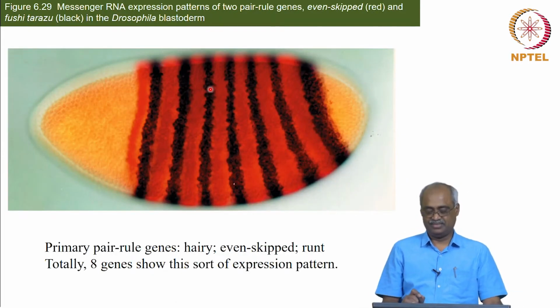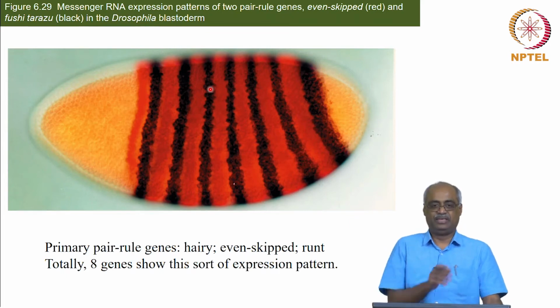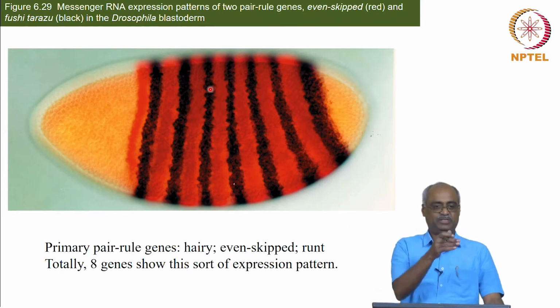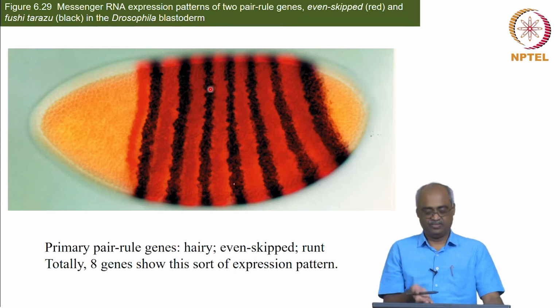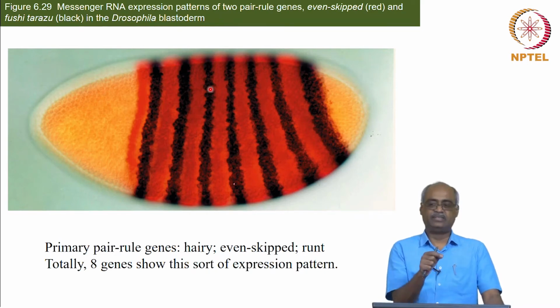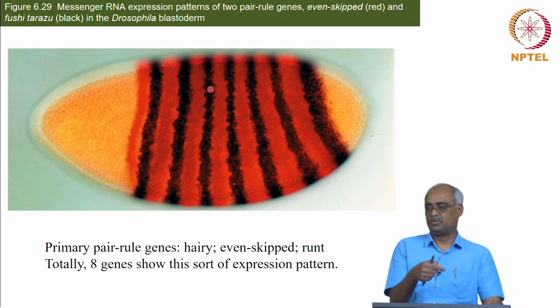Their enhancers have a modular arrangement. Each module is responsible for expression in a particular domain, and they have the ability to respond to different concentration combinations of the gap gene products, which are transcription factors. They are going to activate here.